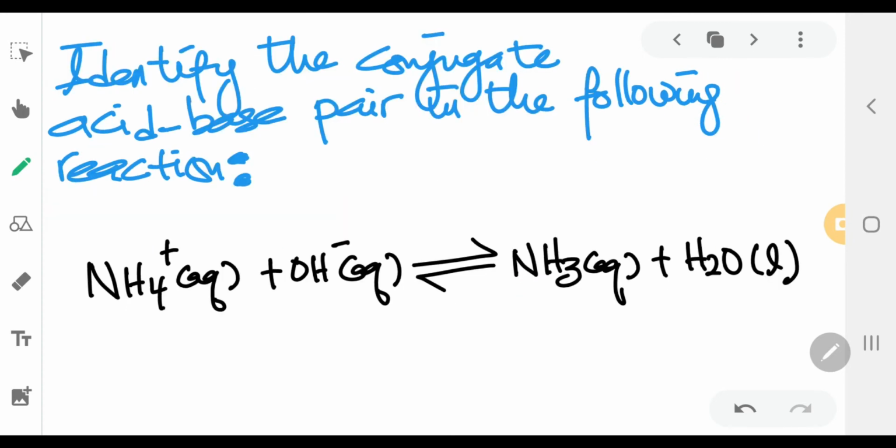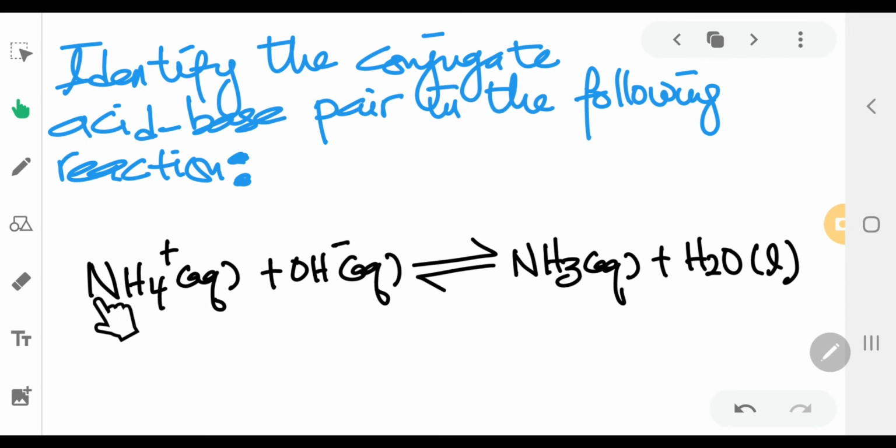Let's have a look at another example. Right here, we have a very typical exam question when they want you to identify the conjugate acid-base pair in the following reaction. We have to identify which one is going to be the conjugate base, which one is going to be the conjugate acid, and so on.